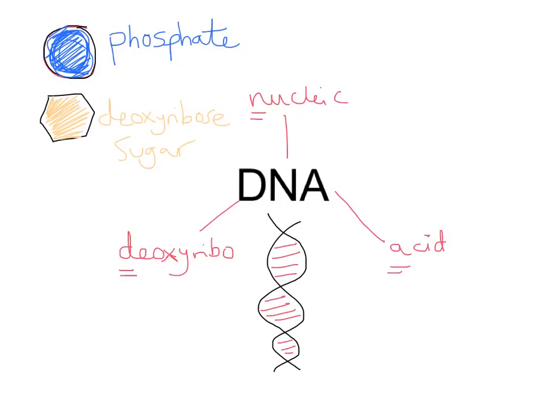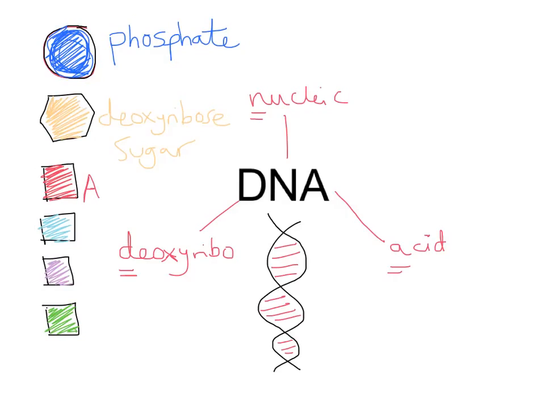Then we have our four particular bases, which we're just going to roughly colour in here. So we'll have one red, one blue, pink, and green. So in red we have A for adenine.